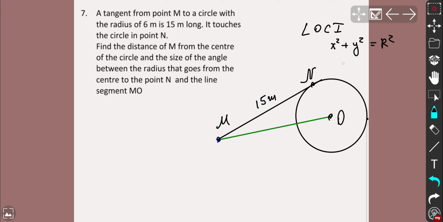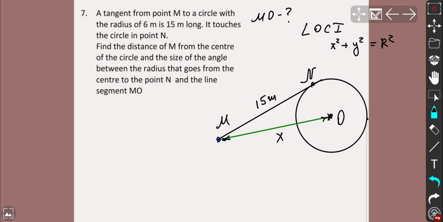Okay, now let's come back to the statement. We need to find the distance of M from the center of the circle. I mark that distance as x, so we have to define the MO length in this case.